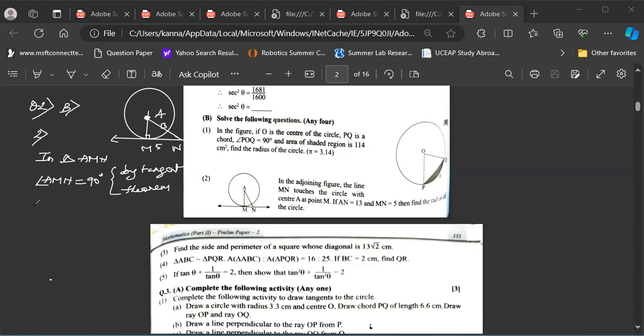Now, then comes Pythagoras theorem. The side opposite the 90 degree is the hypotenuse. AN is a hypotenuse, M is 90. AN square equal AM square plus MN square. This is called by Pythagoras theorem.